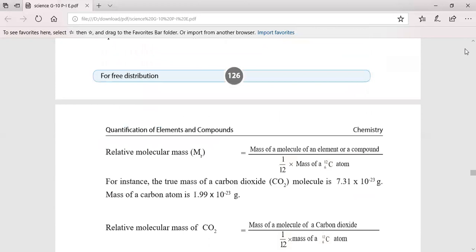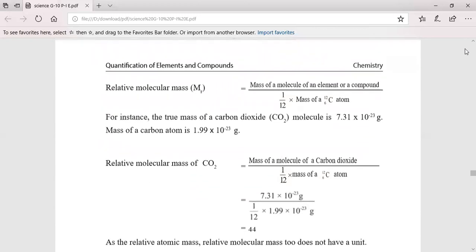Here is the equation: mass of a molecule of an element or a compound.